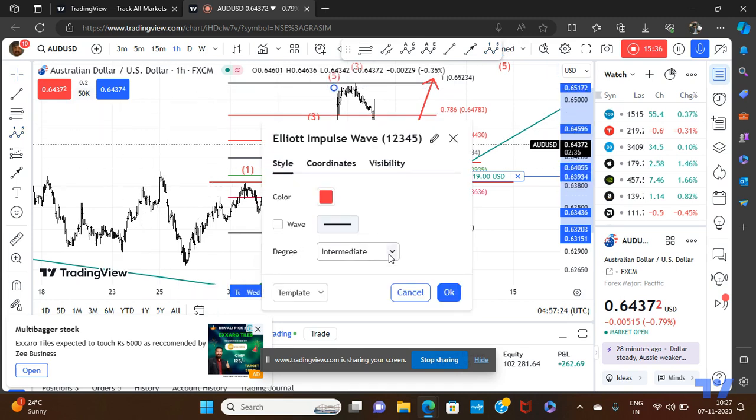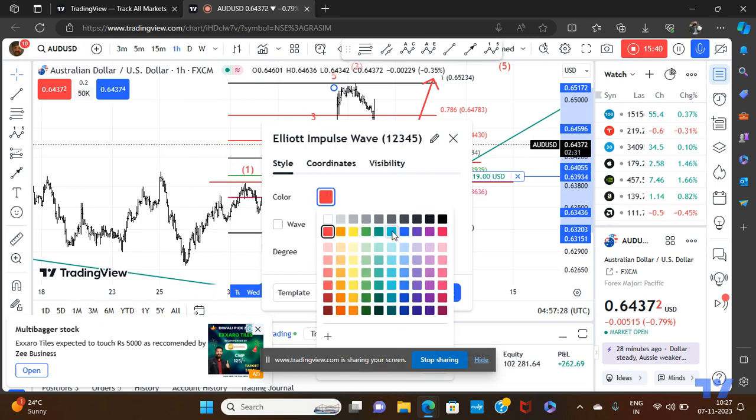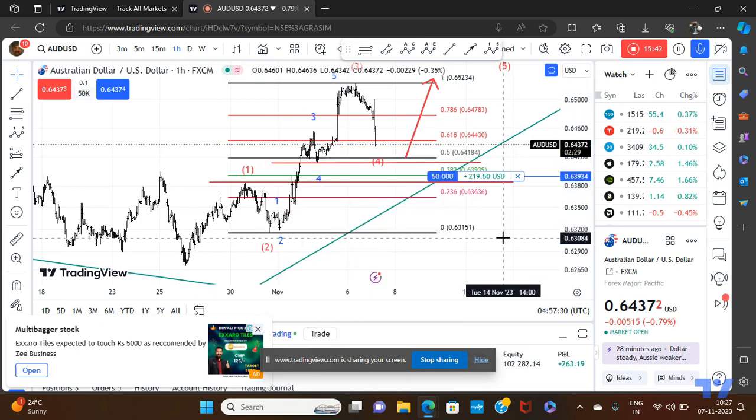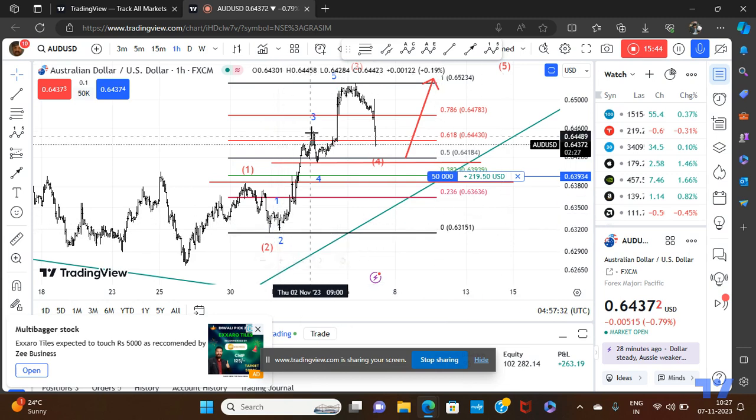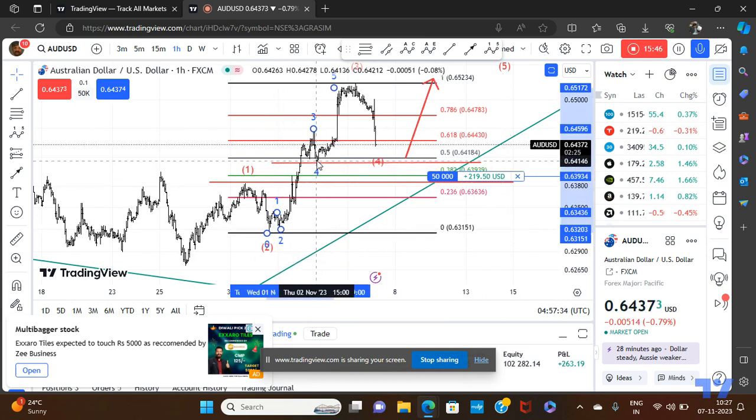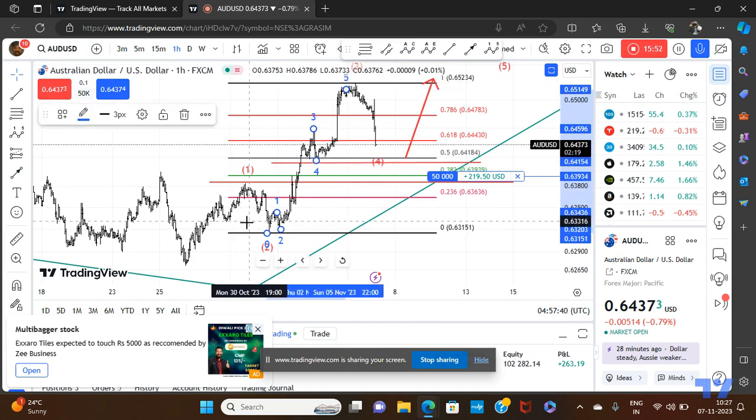So degree wise, I'm doing it. Okay, one, two, three, four, and five. And intermediate waves are one, two, three. So I want this to stop here.